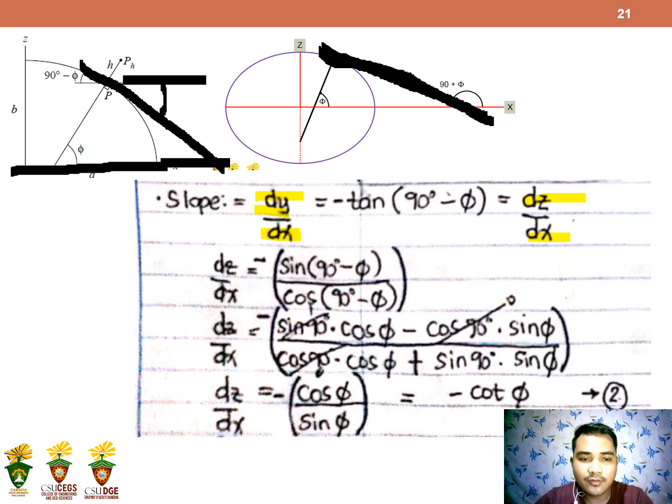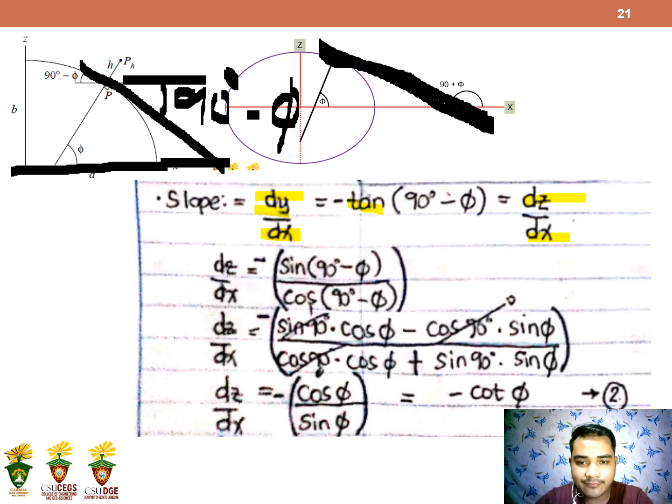This angle is equal to 90 degrees minus geodetic latitude. So to get the slope, it is opposite over adjacent, so tangent. And our line is going downward, so our slope is negative.